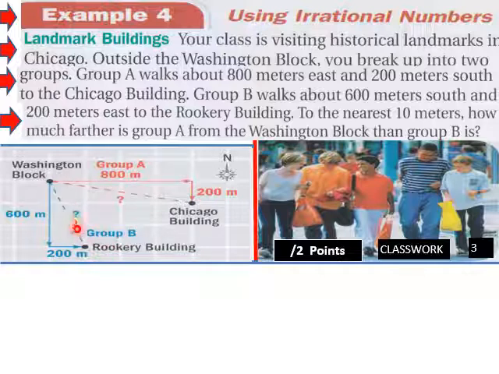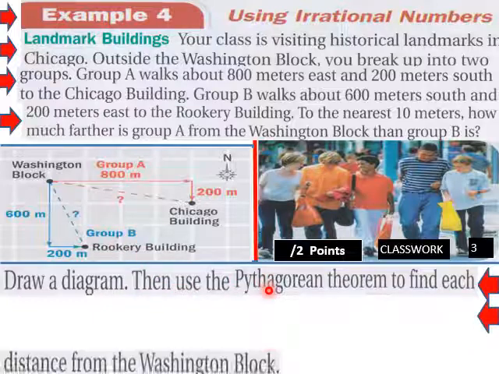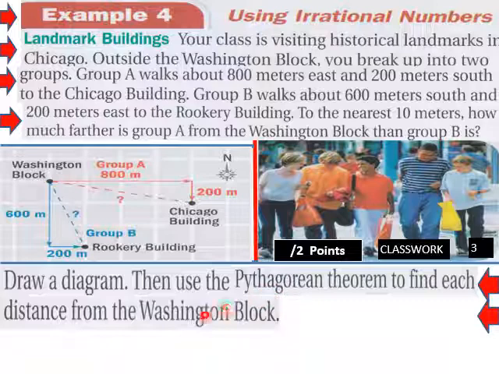So we need to find the lengths of these parts of these triangles. That's the question. Draw a diagram. We've had our diagram. Then use the Pythagorean theorem to find each distance from the Washington block. So we have the Chicago building and the Rookery building here.